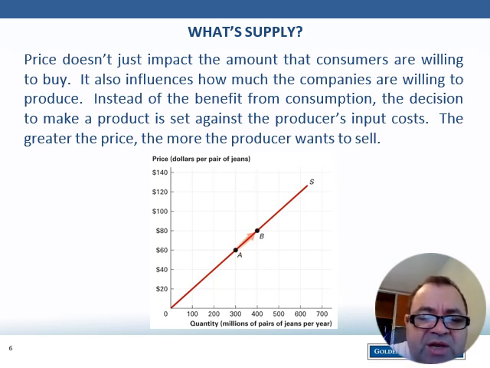It's probably a combination of both, but regardless, the point is, as price goes up, the quantity that is supplied will increase.